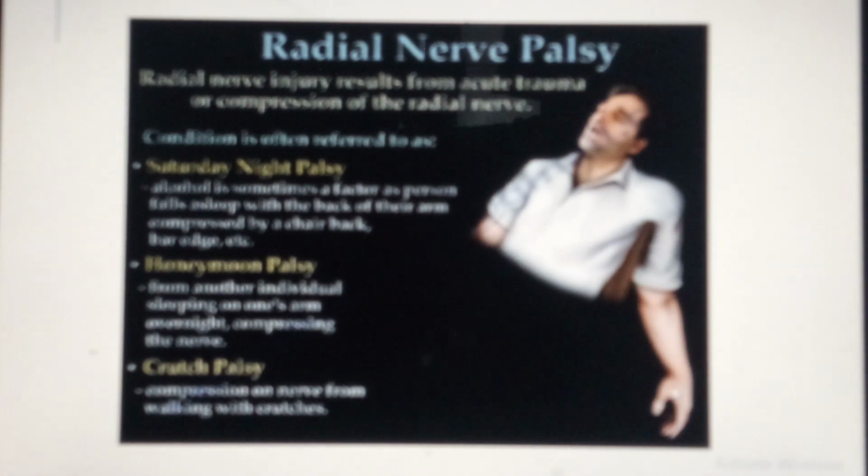There will also be some loss of cutaneous innervation of the lateral aspect of the forearm and the dorsal aspect of the hand, with sensory loss over that area. So you look at these in detail. If there's injury to the radial nerve in the spiral groove, you may call it Saturday night palsy or honeymoon palsy.